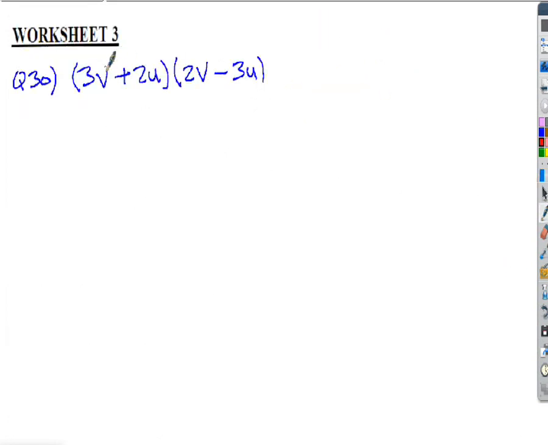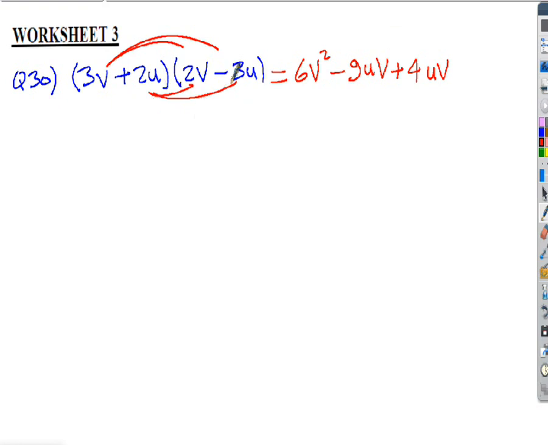Question 30, we've got 3v plus 2u multiplied by 2v minus 3u. So expanding the brackets, 3v multiplied by 2v is 6v squared. 3v multiplied by negative 3u is negative 9uv. And 2u multiplied by 2v is positive 4uv.